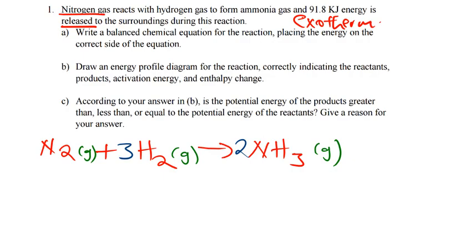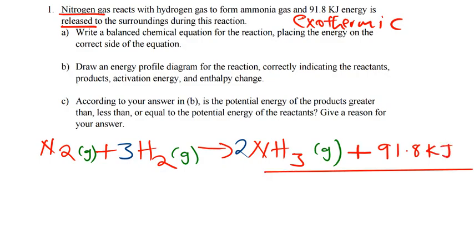Okay, so there are 2 ways of presenting, based on the way the question is asked. When it's exothermic, it means energy is being produced, right? So which would make it a product. So we can add it on the right side of the equation, plus 91.8 kilojoules. This is more like a product.